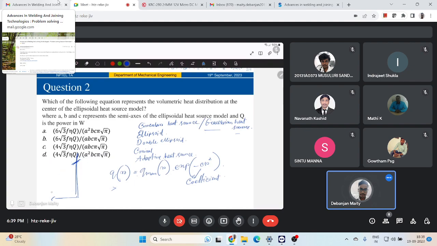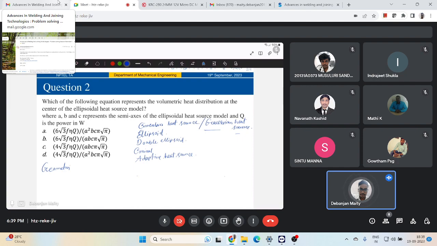Then you have this ellipsoid or double ellipsoid, which is a little bit complicated to model, but there are some geometrical parameters which need to be identified initially, and you have to identify those parameters for a particular model.